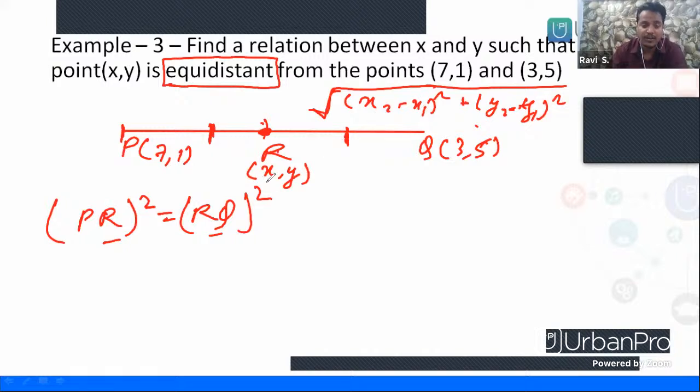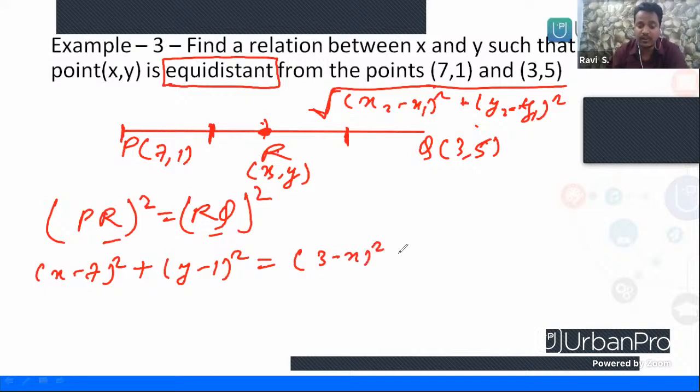Let me write the points PR here. x minus 7 square, again y minus 1 square. And for the RQ points, it will be 3 minus x square, and again 5 minus y square.